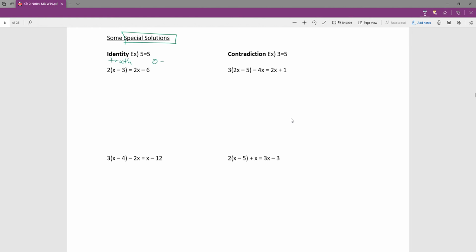So it could be 0 equals 0. It could be 3 equals 3, right? That is a line of truth. When we have a truth, what we say is that it is an identity.